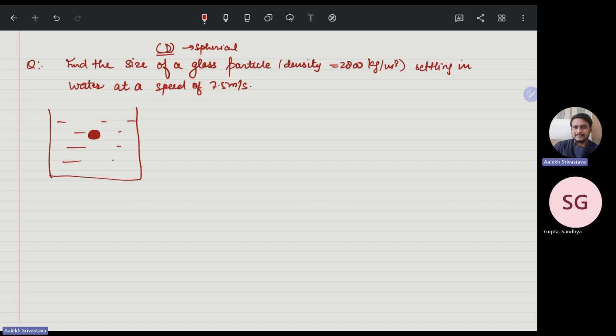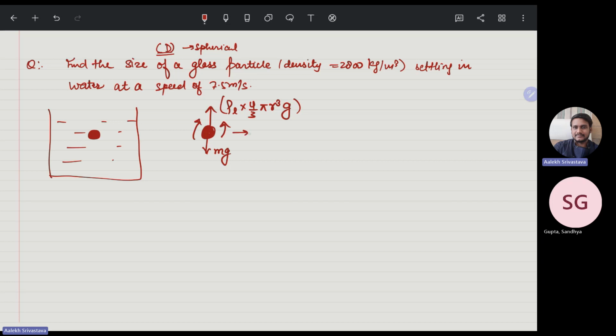So if I solve this, first of all, what are the forces acting on this glass bead? First is the gravity force, the weight. Because it is going into the water, there would be a buoyancy force, and from Archimedes principle it is equal to rho of liquid times the weight of the liquid displaced, 4 by 3 pi r cube into g, and the drag force.